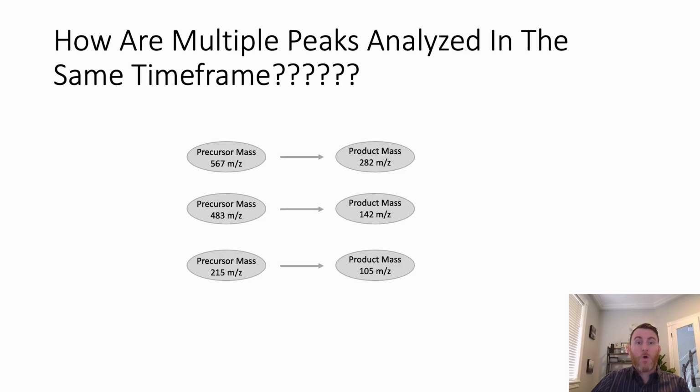But if you are setting this up where you want to look at each one of these compounds individually, you may spend 10 milliseconds of your mass spectrometer to look for this specific transition. There's usually a 5 millisecond pause time where the mass spec, I like to think of it as closing its eyes.